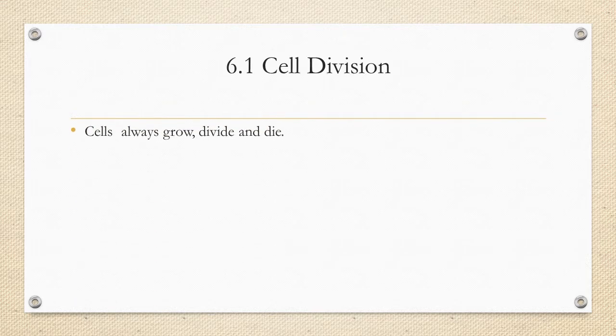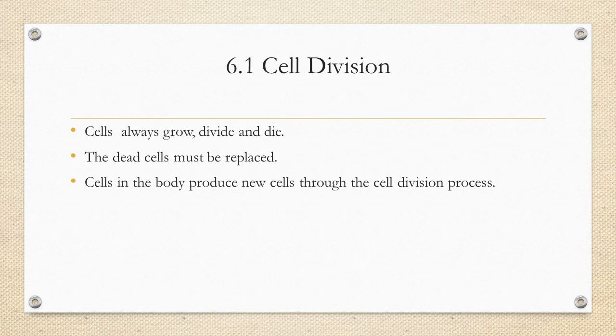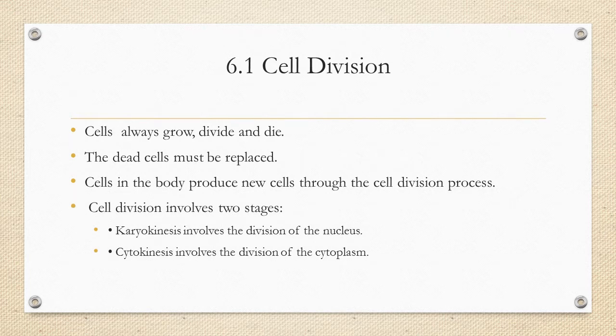Cell division. So cells always grow, divide and die. The cells that die must be replaced. Cells in the body produce new cells through the cell division process. Cell division involves two stages.